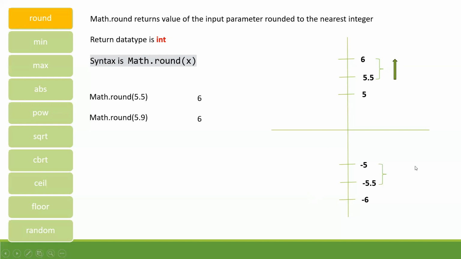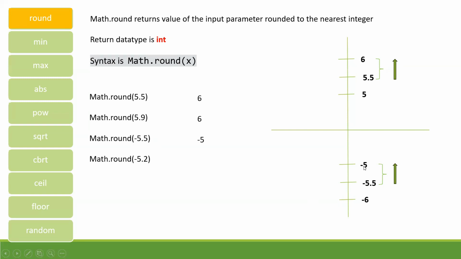Now, if we have a look at negative numbers, anything in the range of minus 5.5 to minus 5 will also go up and find the nearest integer. So in this case, if I do Math.round of minus 5.5, and if we go up, we find that the nearest integer is minus 5. If we do Math.round of negative 5.2, minus 5.2 will be somewhere here in between these two.